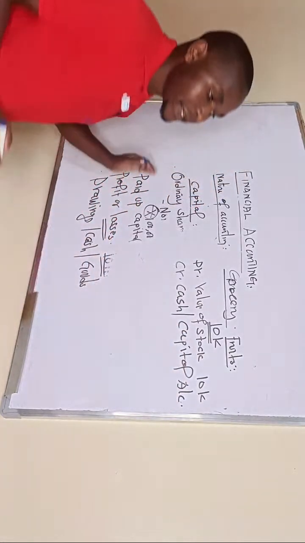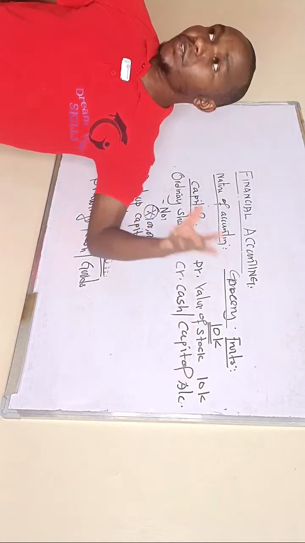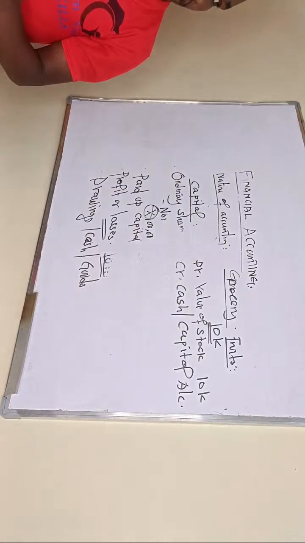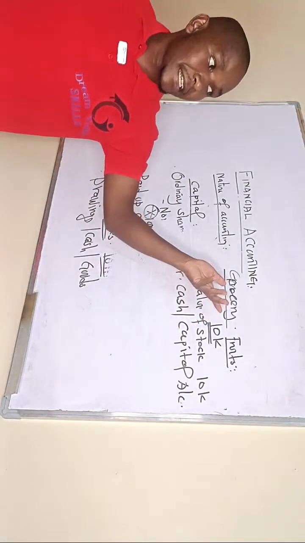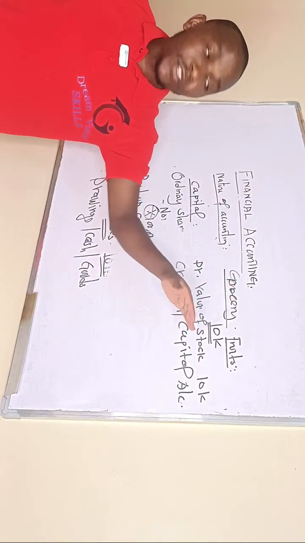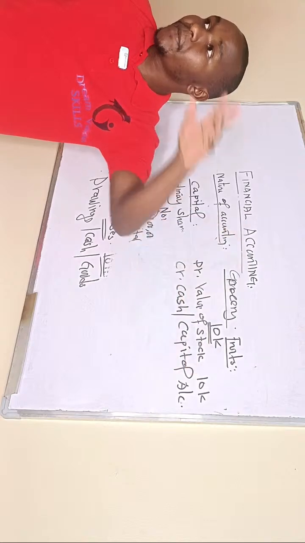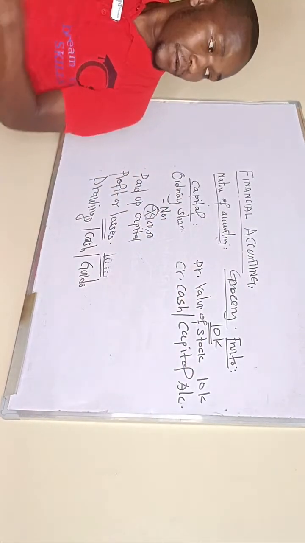Because this amount you have given from your own pocket, not from the company, because you are starting a new shop, a grocery shop. So there was no business at the beginning. So it means this 10,000 is from your own savings.